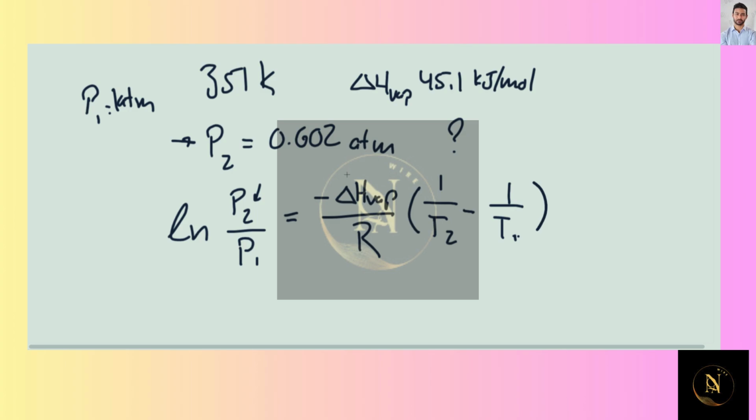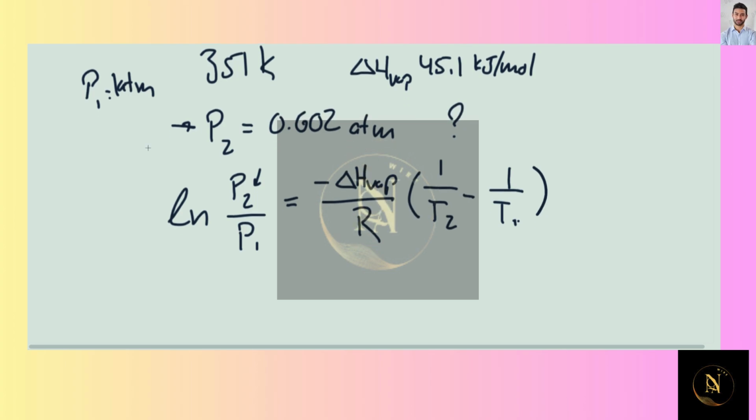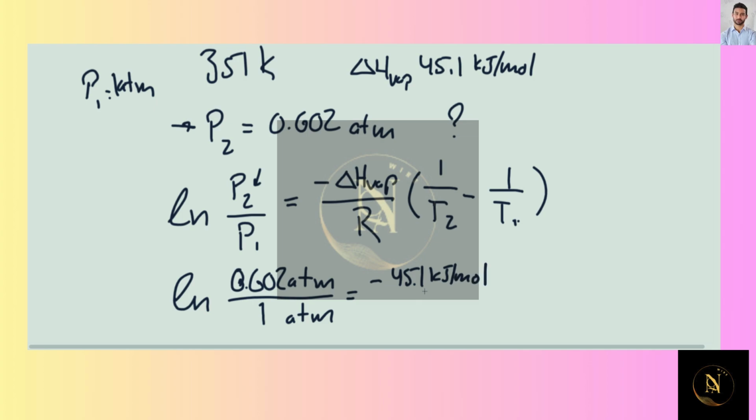So if we plug in the values that we know into this, we're going to get the natural log of 0.602 atmospheres over 1 atmosphere is equal to negative 45.1 kilojoules per mole over 8.314.